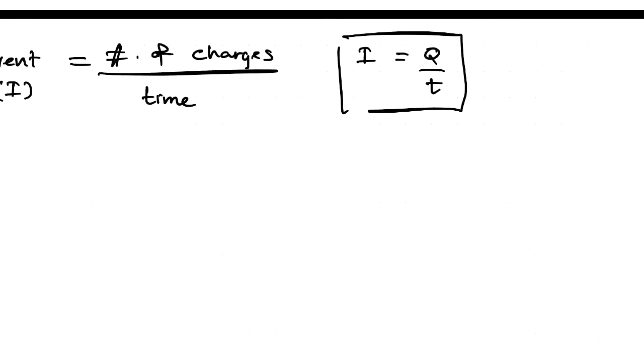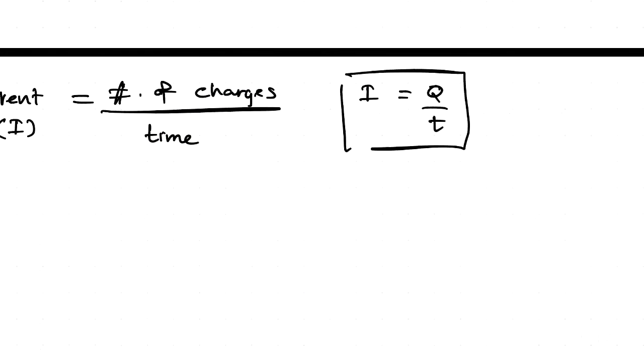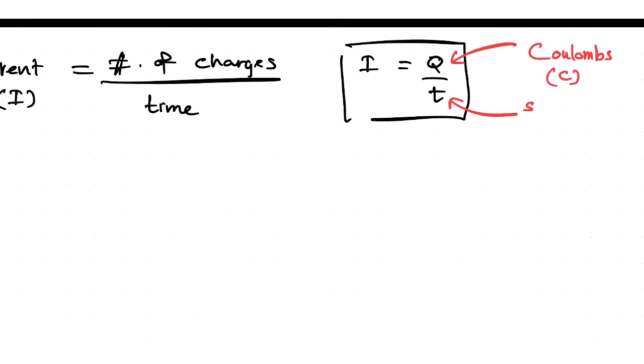If we consider the units here, remember charge is measured in coulombs, not in amperes, right? The symbol is capital C. And time is measured in seconds. So therefore, current is coulombs per second, or most of the time we will be using amperes.